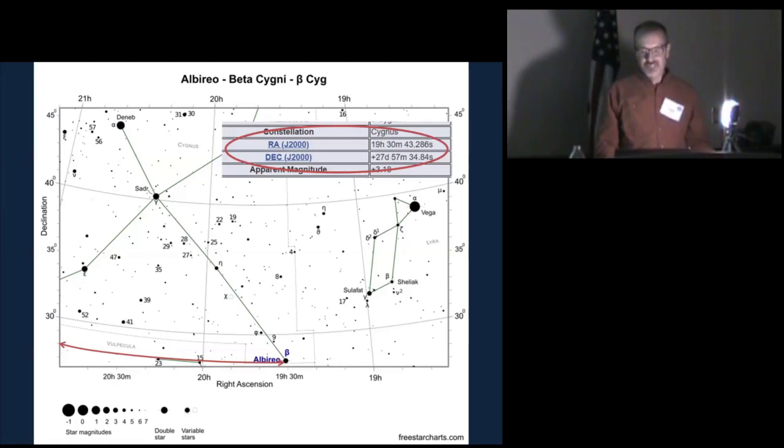I can go look it up on a star chart. So I've just copied the same numbers over here. But if you look on the chart, you can see, come over here, 19 hours, 30 minutes, and 30, 29, 28 degrees. So that's the same.